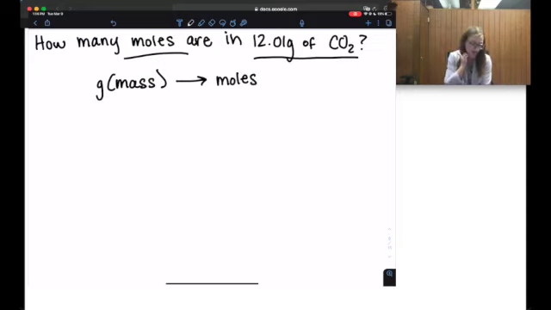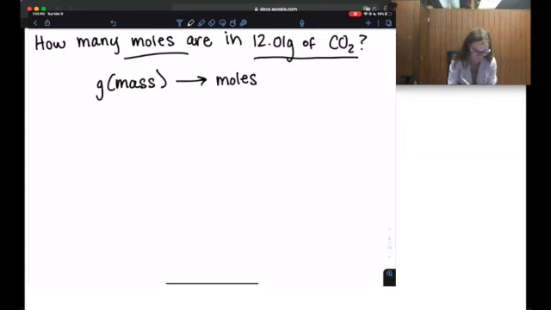Okay, so I'm trying to think about how to relate mass and moles. Well, when I'm thinking about relating mass and moles, I can use some of that information from the periodic table. Before it was the molar mass, and now we're going to have to calculate the formula mass. So I'm going to calculate the formula mass of carbon dioxide because it's going to help me relate the mass of the carbon dioxide to the number of moles I have.